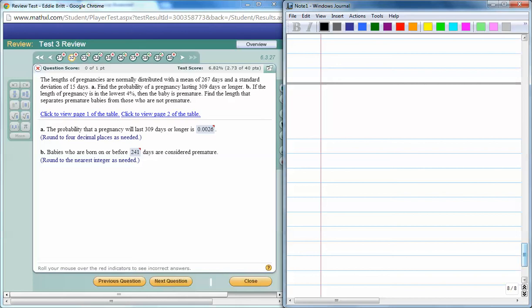Alright, we're given a mean of 267 days. We're given a standard deviation of 15 days.